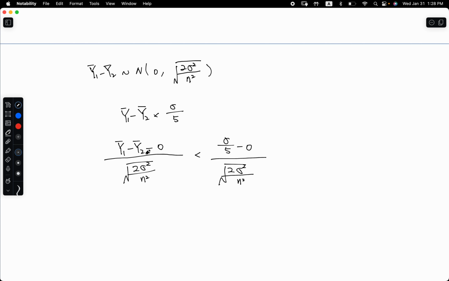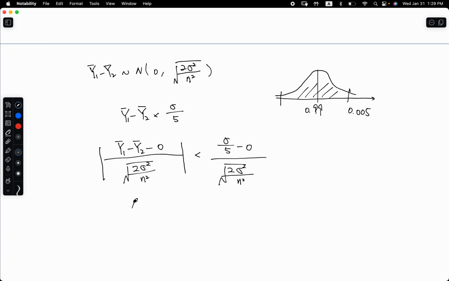And we want this event. Because we have the absolute value, this is equivalent to a two-sided problem. So we want the middle part to have a probability of 0.99. So you just need to find the quantile for a normal.